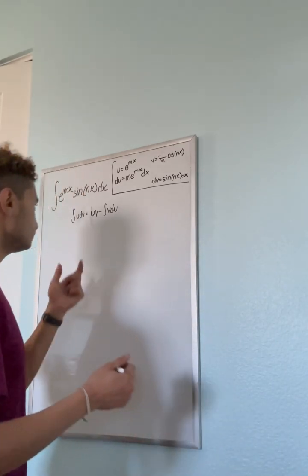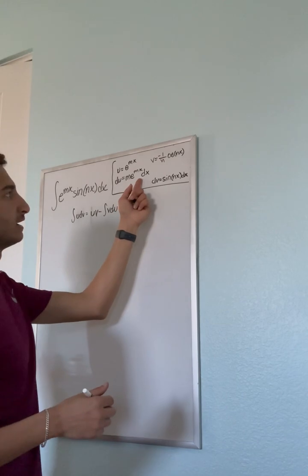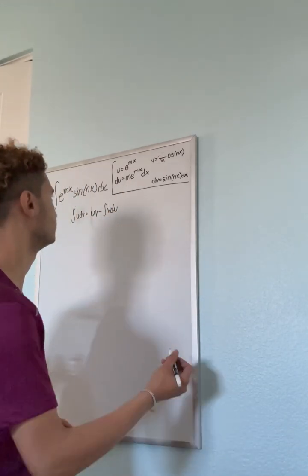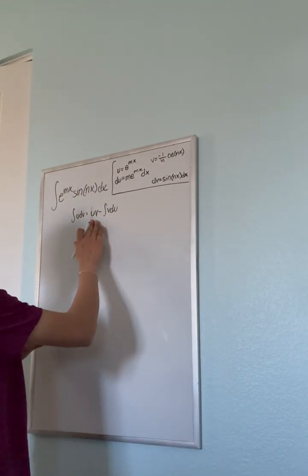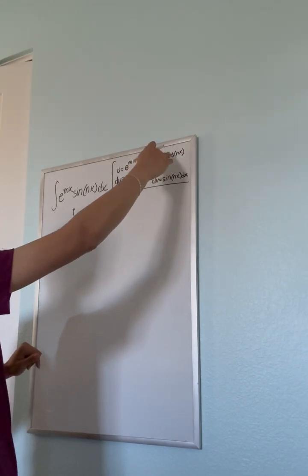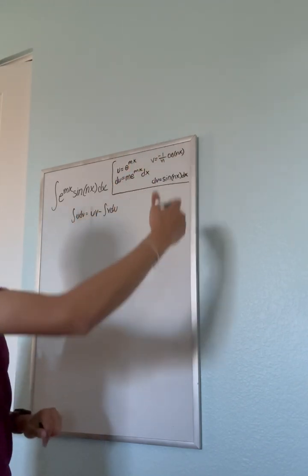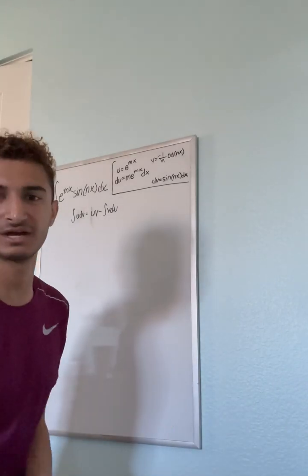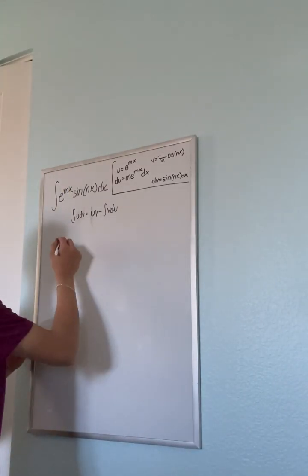So this is the formula, and these are all our variables. Now, if we apply it, u times v would just be e to the power of mx times -1/n times cosine of nx. So I'm just going to write that all down.